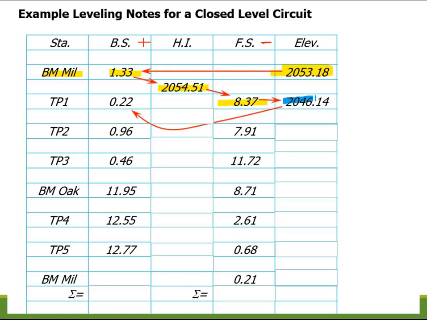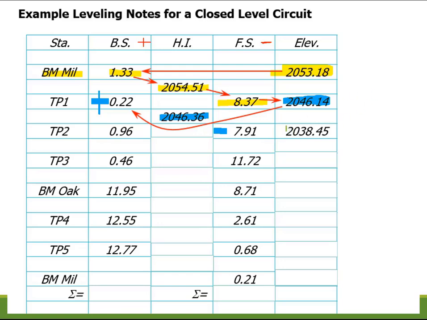So we get ground elevation, right? We add the backsight, and that gives us the height of instrument. And then we subtract the next foresight, and that gives us the next ground elevation.